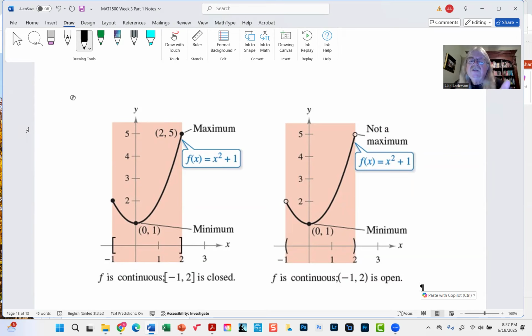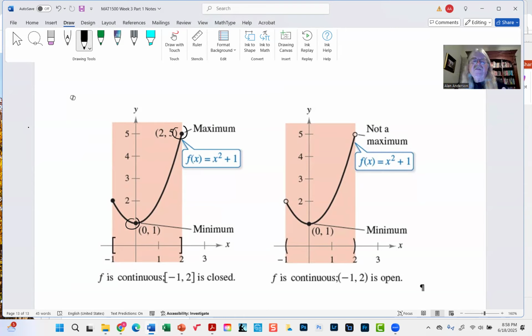The parabola on the left is only being considered over the interval from -1 to 2. Because of that, you can see from the graph that it reaches its minimum point when x equals 0, and reaches its maximum point when x equals 2. If we define this over a different interval, the minimum wouldn't have changed, but the maximum would have changed.